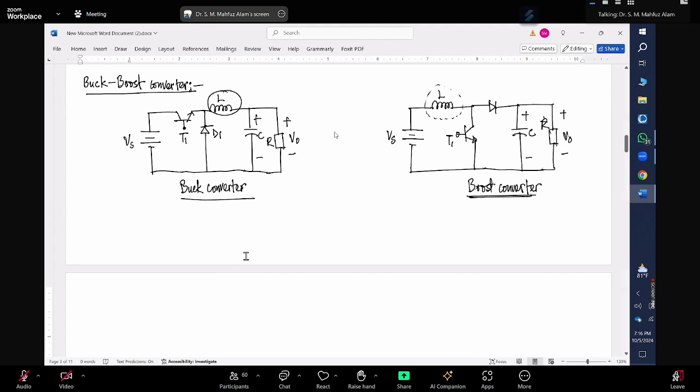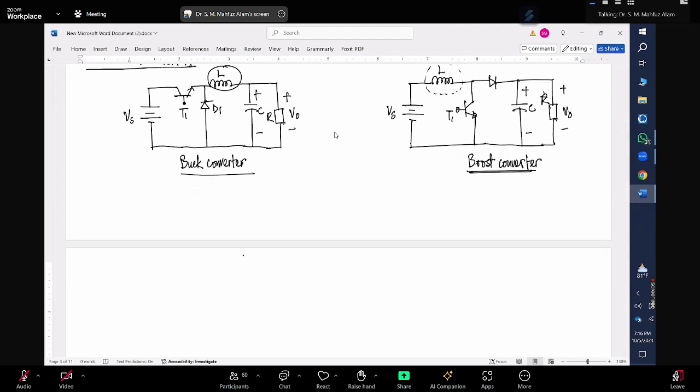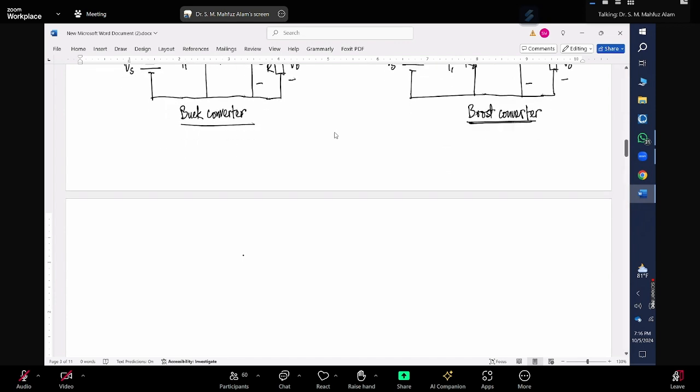For the buck boost converter, since for buck operation we need to connect the inductor with the load, and for boost conversion we need to connect the inductor to the source, what we can do is keep the voltage source, keep the capacitor with the load, and place the inductor such that, suppose it's a double pole switch.